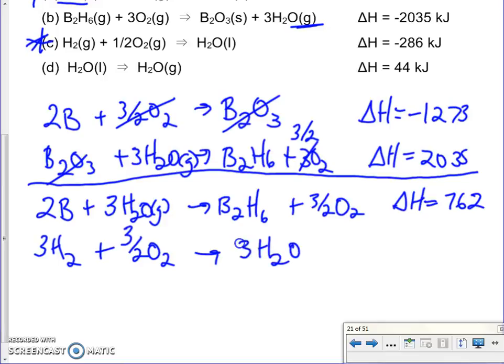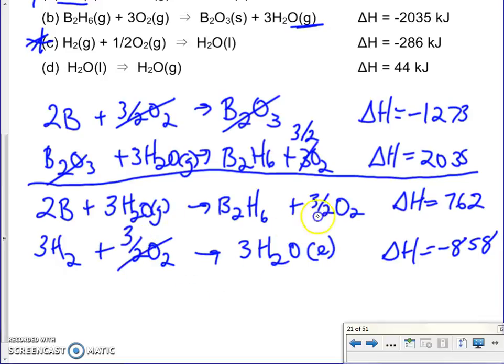And notice this is liquid water, which I can't do anything with just yet. And that gives me a delta H of negative 858.